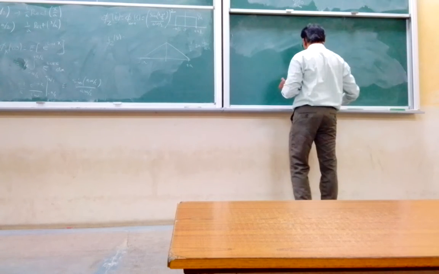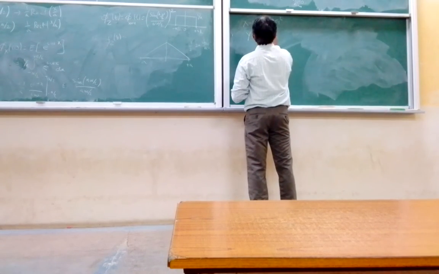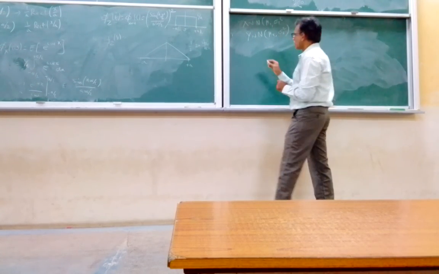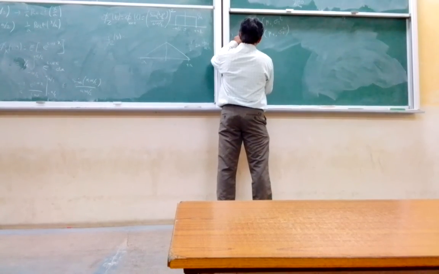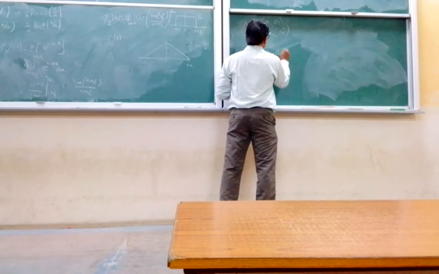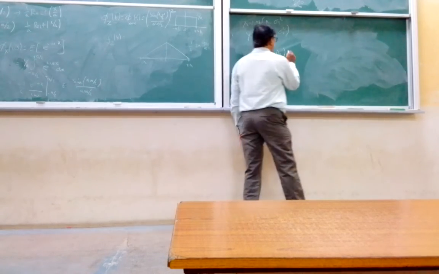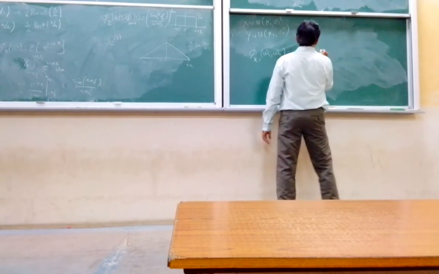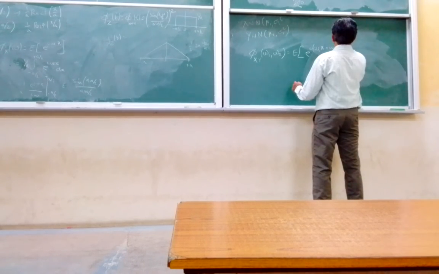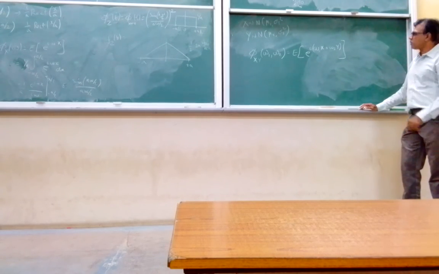For Gaussian random variables also, we can have psi_XY of (omega1, omega2), because two random variables, like that we have. So for Gaussian random variables, we can actually compute.